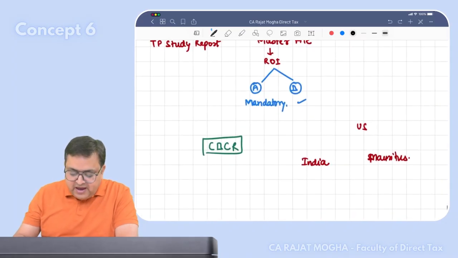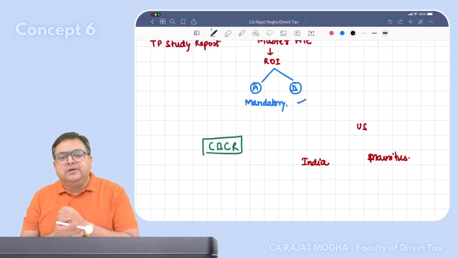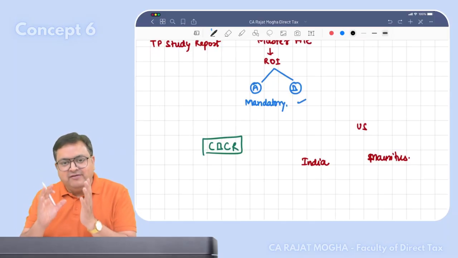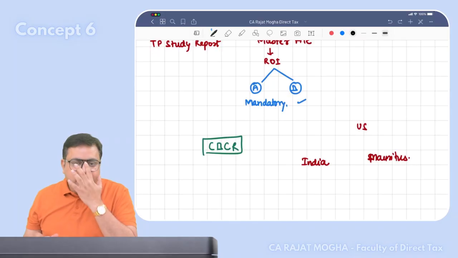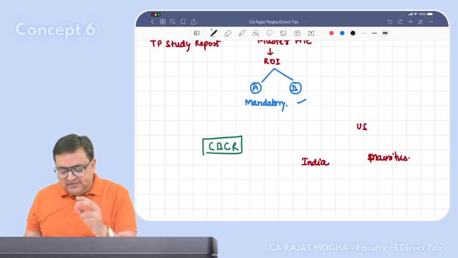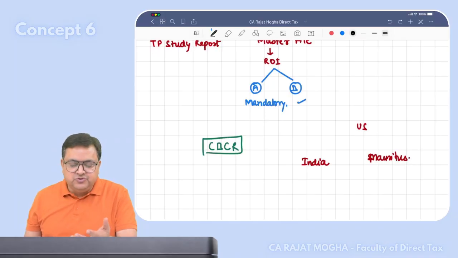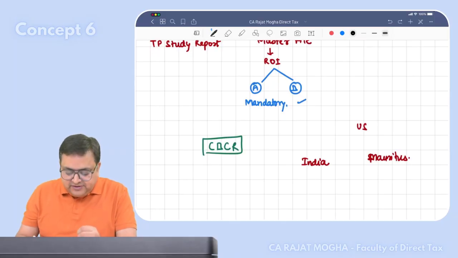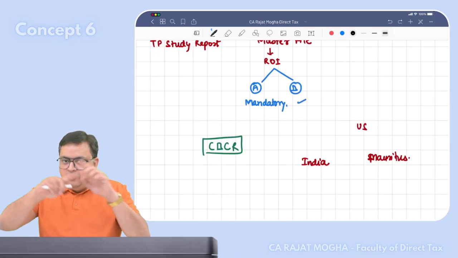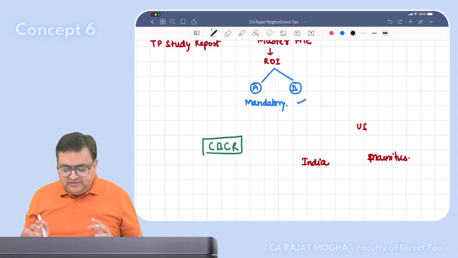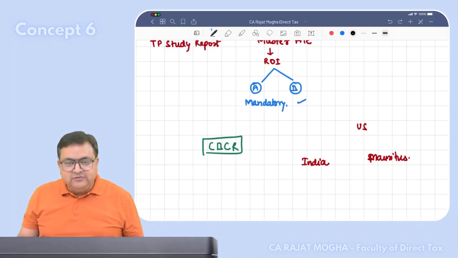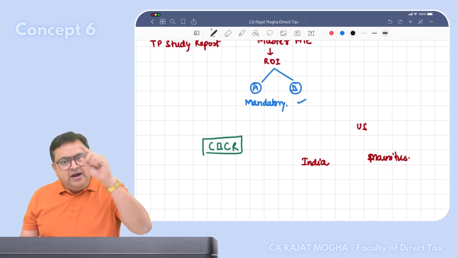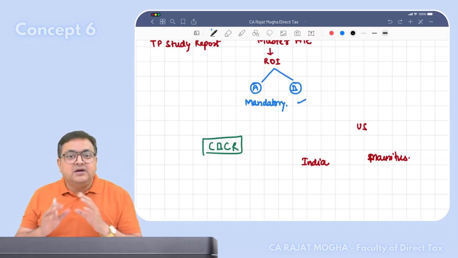Although we have a separate chapter for the BEPS action plan, BEPS, base erosion and profit shifting, they have said that it is global, right? It is a global international organization. So what they have said to all the member countries is: please take the information of the entire international group so that you can get the correct picture.